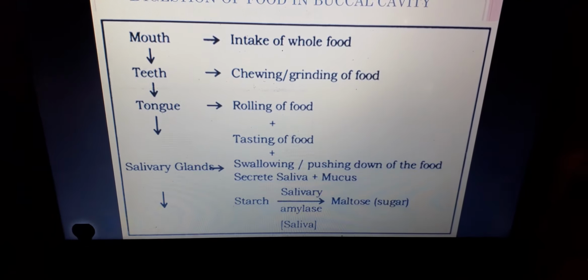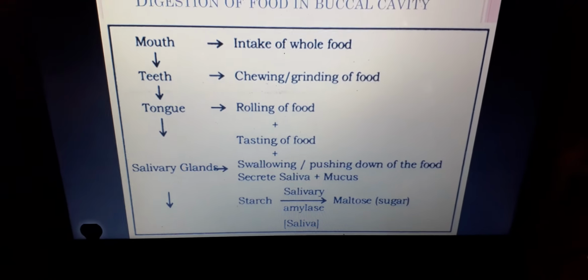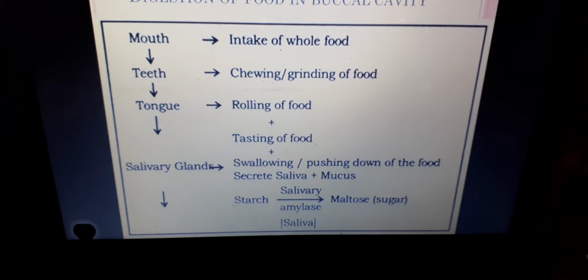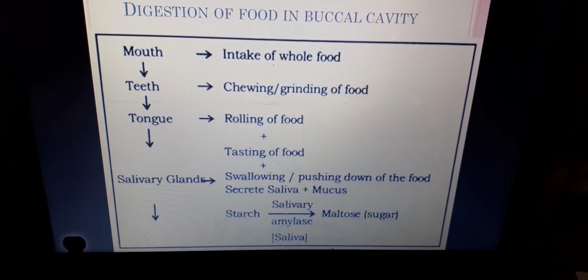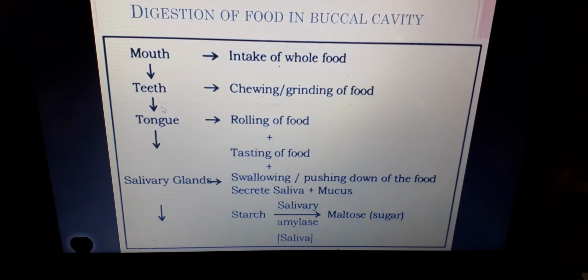All these structures are found inside the buccal cavity, and you can see the functions of these different structures here.